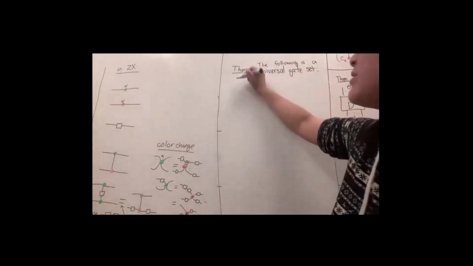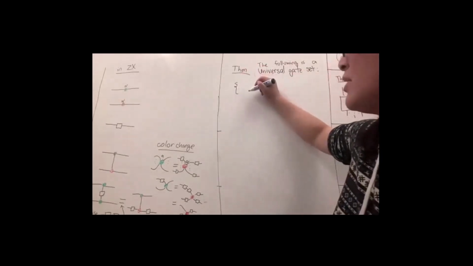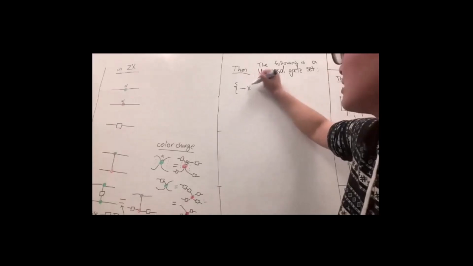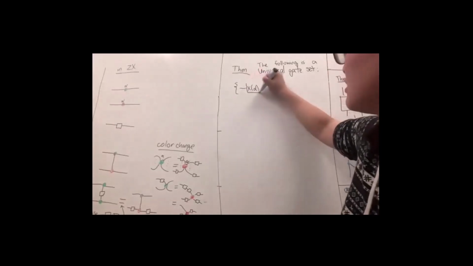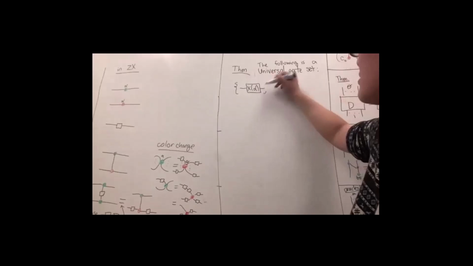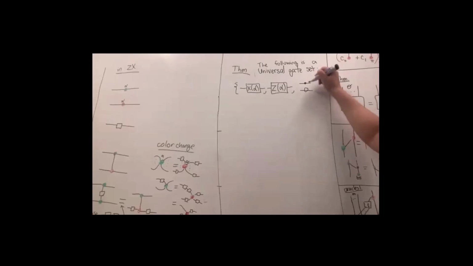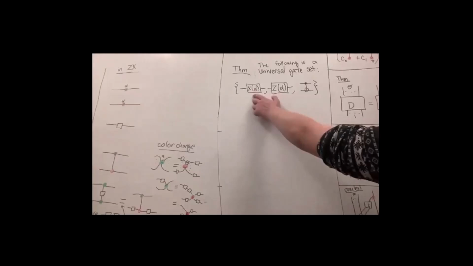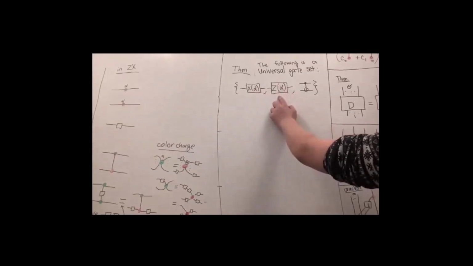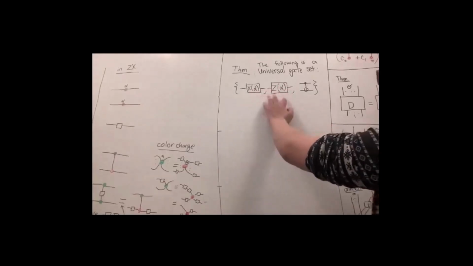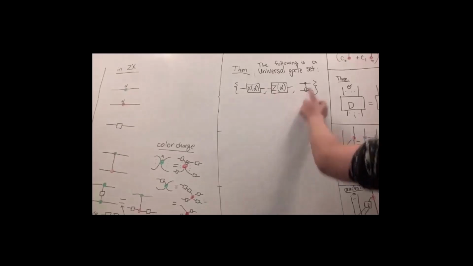So this following is a universal gate set. So all single qubit X rotations, and Z rotations of any angles, and C0 gates.